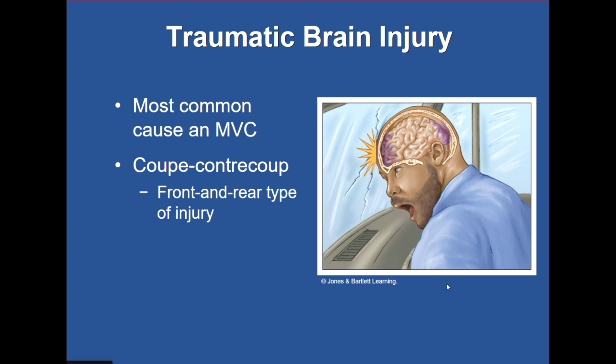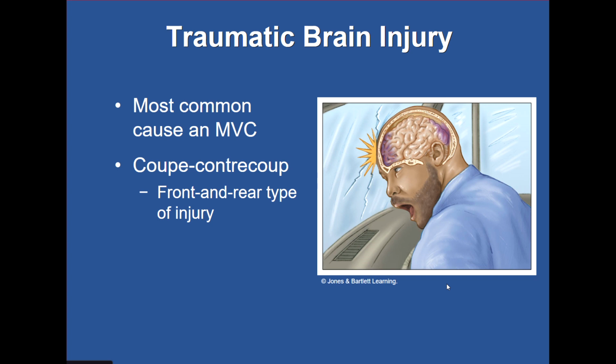As the head moves forward, then the brain inside the head moves forward. So you could have the head impacting the steering wheel, but then what you see is that inside the skull, the brain actually moves forward and hits the front of the skull. And then as everything comes back, the person comes back, that brain sloshes back and hits the back side of the skull. So the frontal movement is the coup injury, and then that hitting of the back is that counter coup injury.